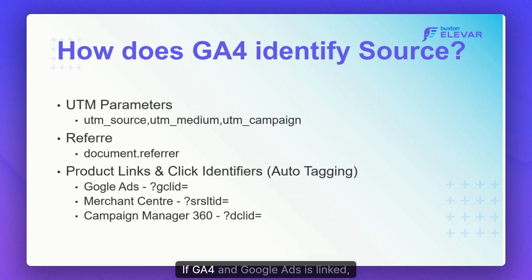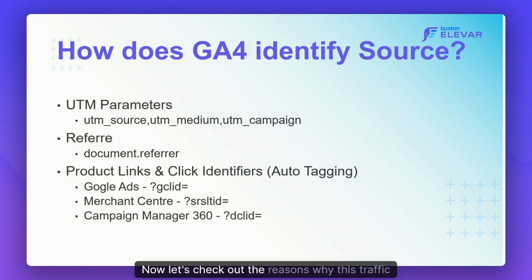If GA4 and Google Ads are linked, GA4 can pick up these unique click IDs and later map this ID back to campaign data, even if UTMs are missing. So, in short, GA4 uses a combination of UTMs, referrer data, and click identifiers. But if none of these are available or get stripped, that's when it falls back to direct none.